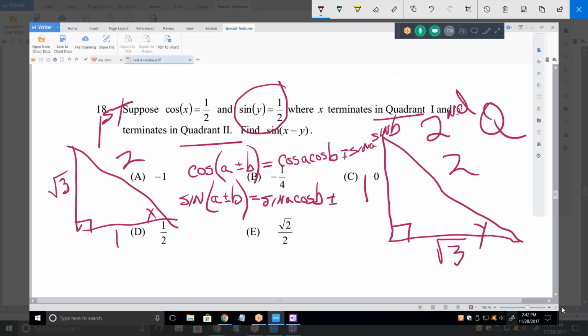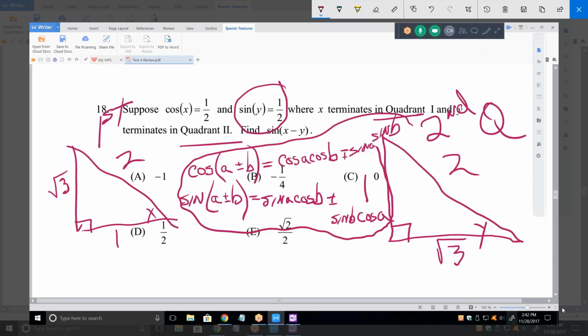Not opposite, same. And the rest of it is the sine of b, cosine of a. So these two things right here, you got to memorize that. And I don't know of a really easy way to do it other than the way I just described it.